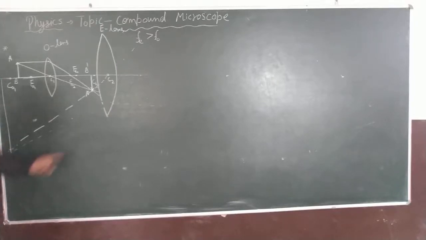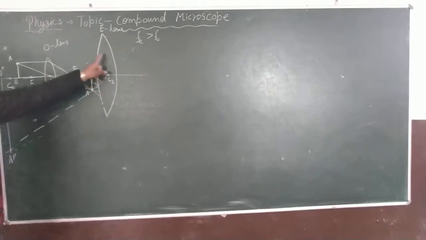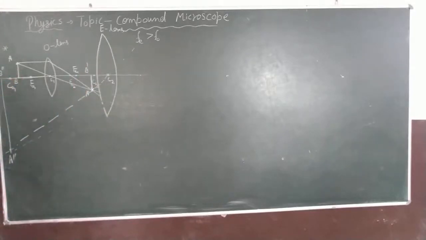So this is A double dash B double dash, the final image formed by the eyepiece of the given object. Clear?